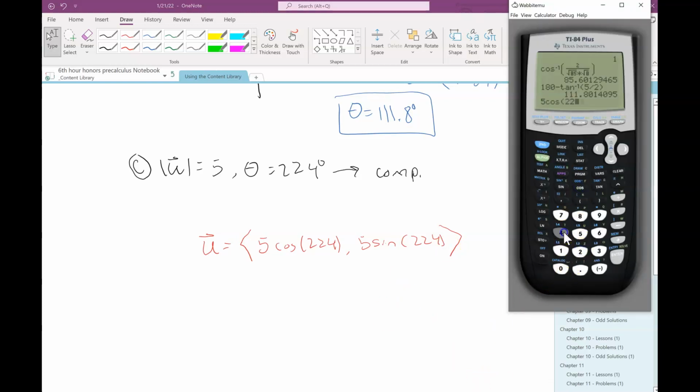Notice there I'm being very careful about my bracketing, making sure to use the wedged brackets to represent my component form answer. So I get negative 3.6, comma, negative 3.47.